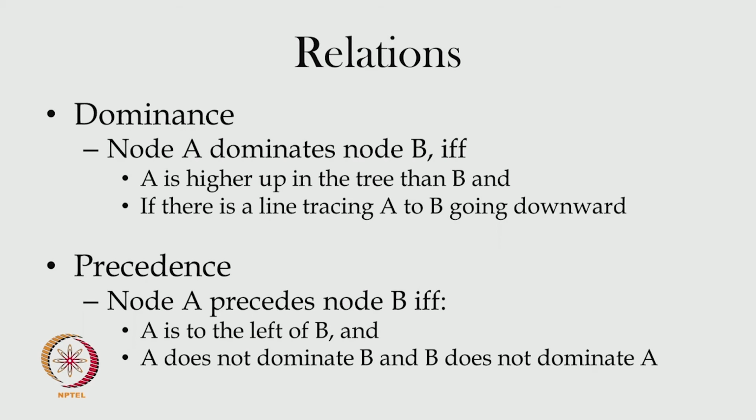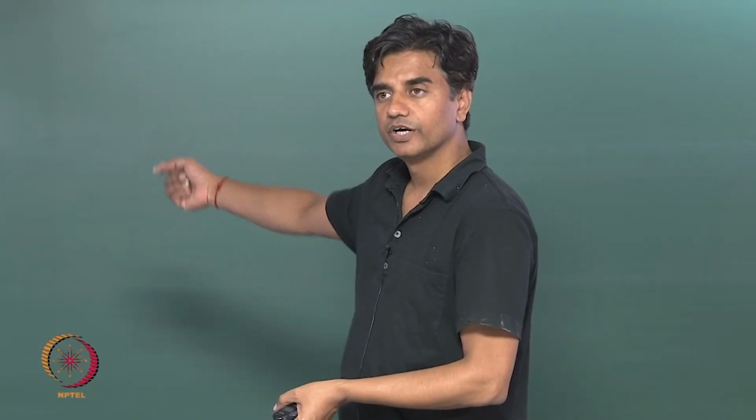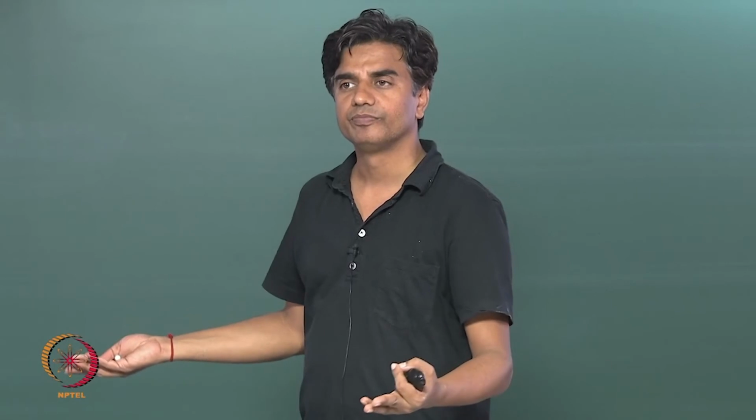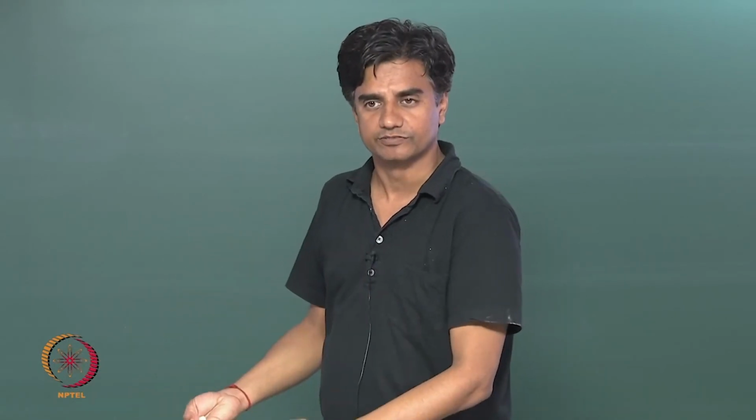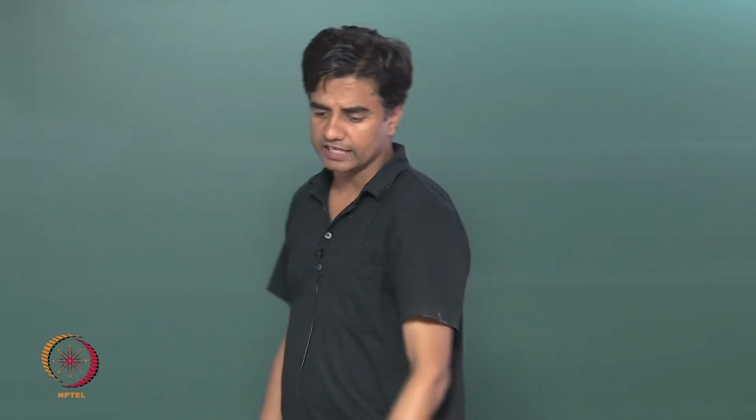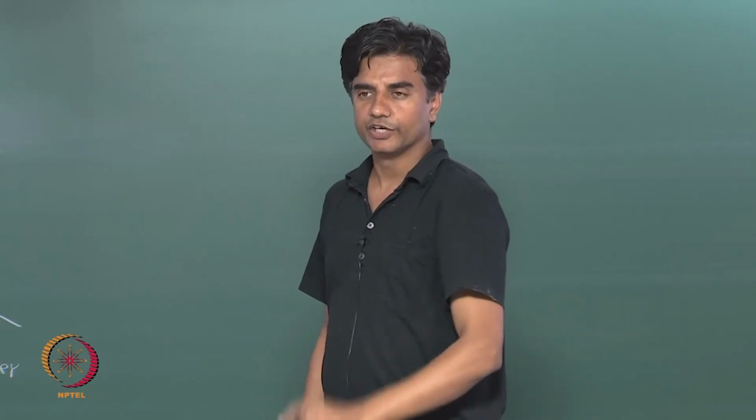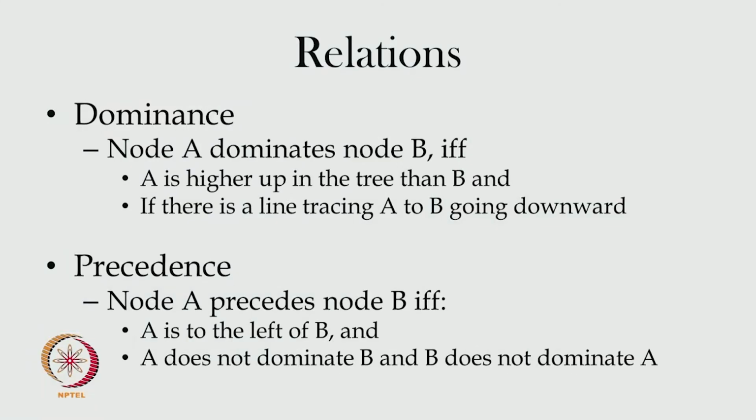IP in this structure on the board dominates everything, which means everything below it. And this is exactly what we say: a node A dominates a node B if and only if A is higher up in the tree than B, and there is a line tracing A to B downward.